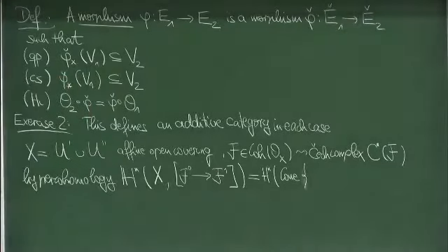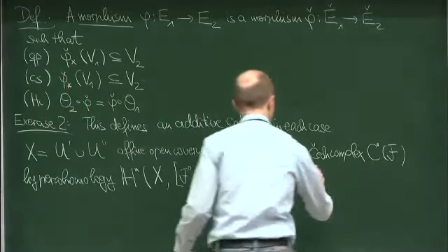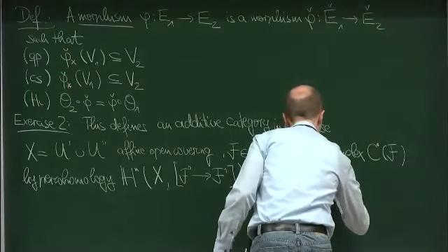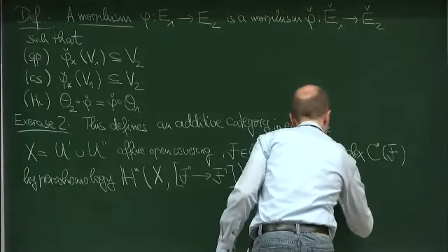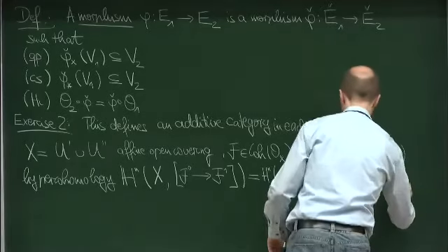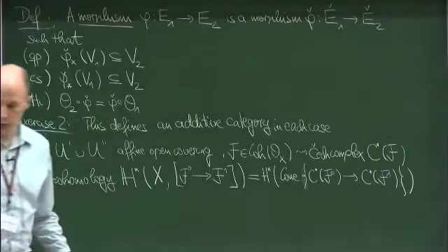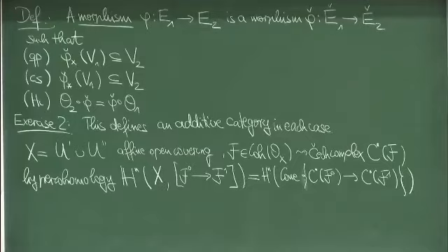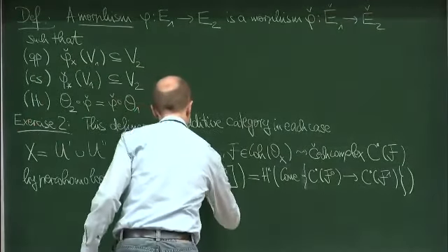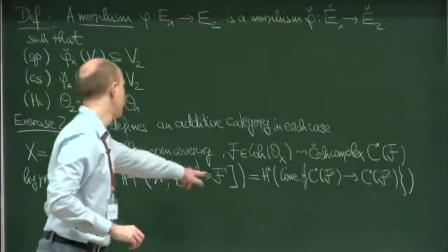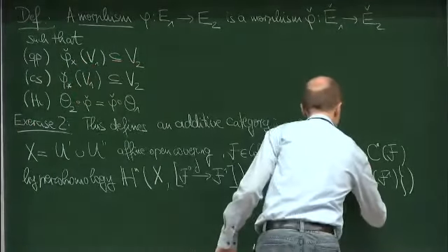So that's something very explicit. Čech complex of F0, Čech complex of F1, which are both just complexes of length 1. And then there's an induced map between them coming from the boundary operator in this short complex.